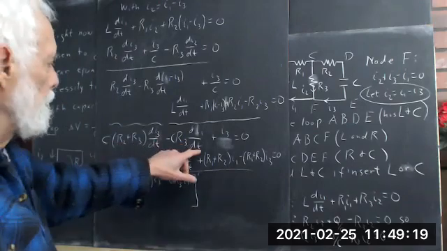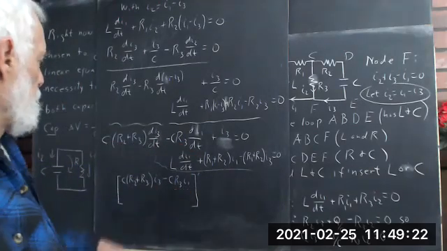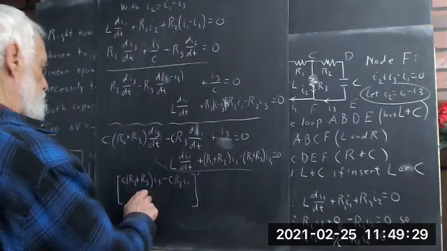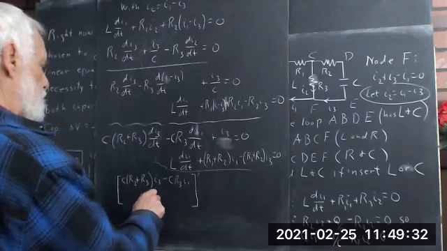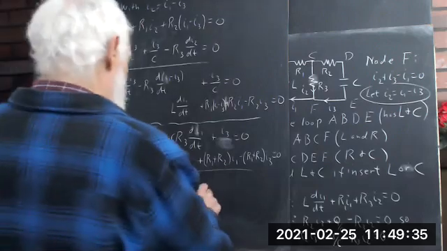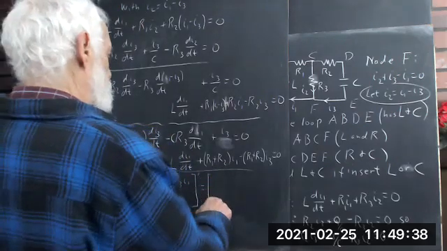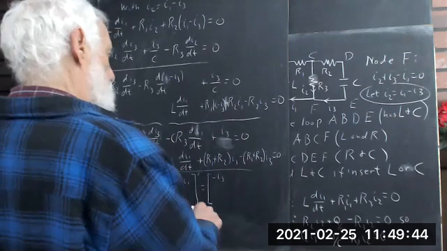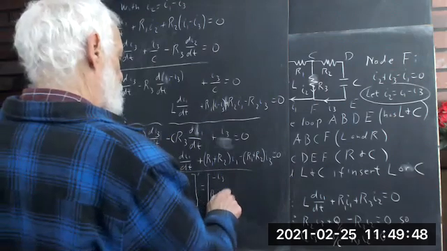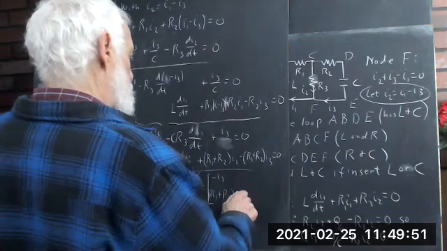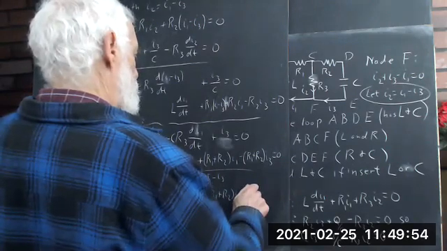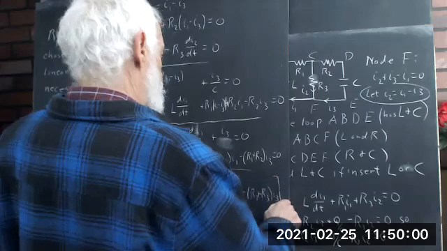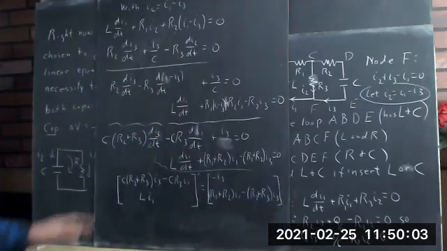Okay, so this derivative and this derivative can be written like so. And then we have L i1 prime is equal to negative I3 is equal to this.